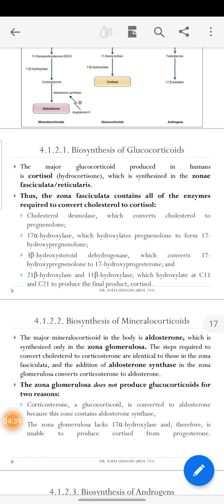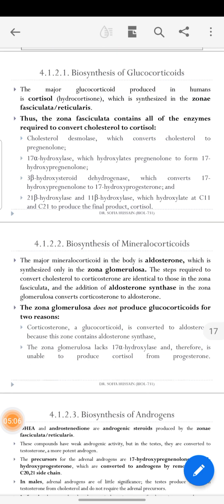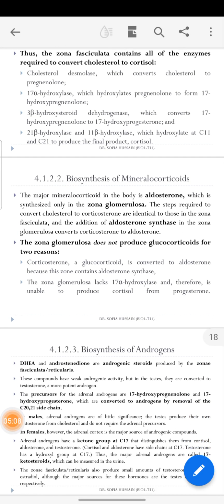The 17 alpha hydroxylase reaction occurs, then 3 beta hydroxysteroid dehydrogenase is also involved and converts it into 17 hydroxyprogesterone. Then C17 and C21 hydroxylation occurs, and cortisol is produced at the end.